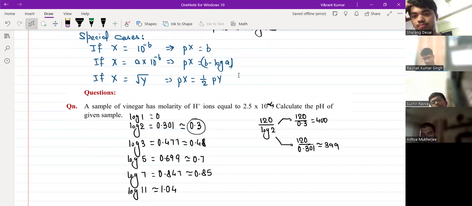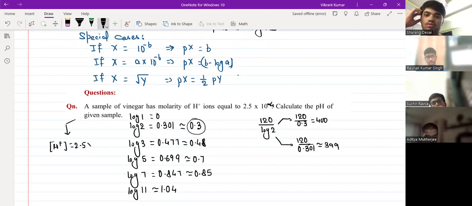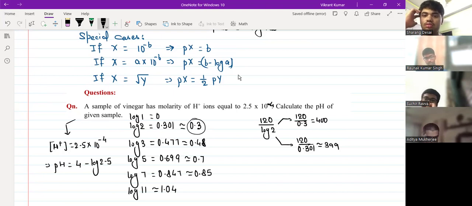Now if they are giving you any number ना, जैसे देखो अभी क्या दिया है इस क्वेश्चन में, they have given you H plus is 2.5 into 10 raised to minus 4. Now we need to calculate pH, तो I'll write directly, अभी ऊपर शॉर्टकट पड़ा है, 4 minus log 2.5. But after that we need to do the calculation, तो 4 minus, अभी इसको मैं log 5 by 2 लिख सकता हूँ ना, and log 5 by 2 can be written as log 5 minus log 2.